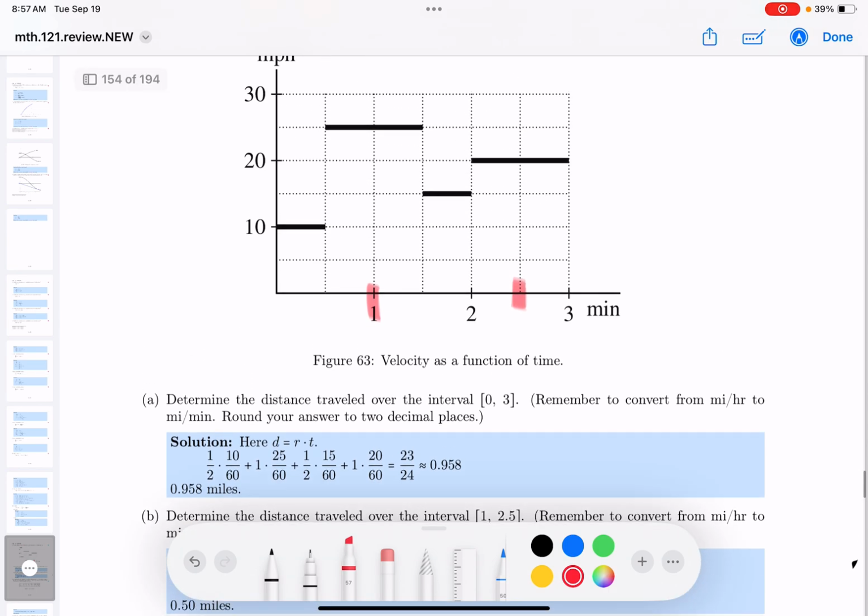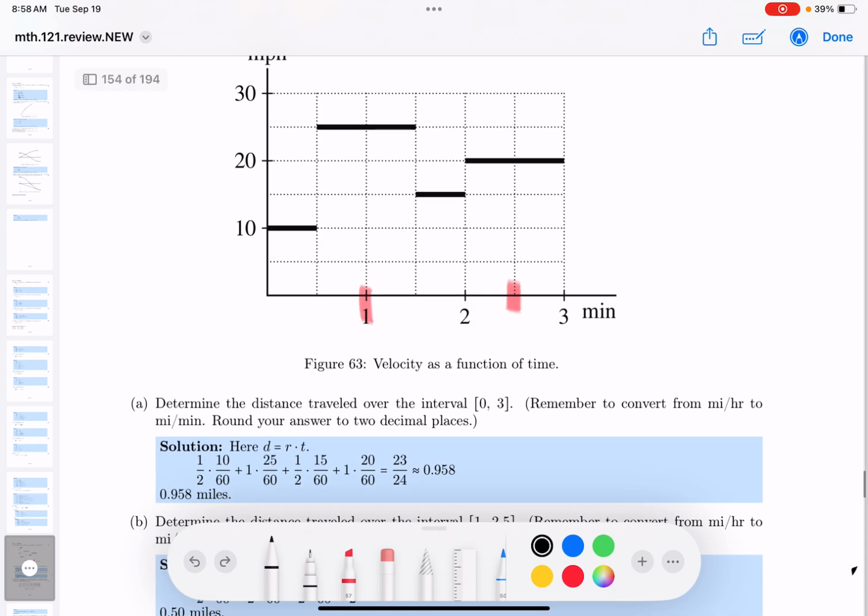What am I going to do? I'll write it down for you. The speed starting at time 1 is going to be 25. Oops, sorry about that. His rate is going to be 25 miles per hour. Now the time there is going to be a half.